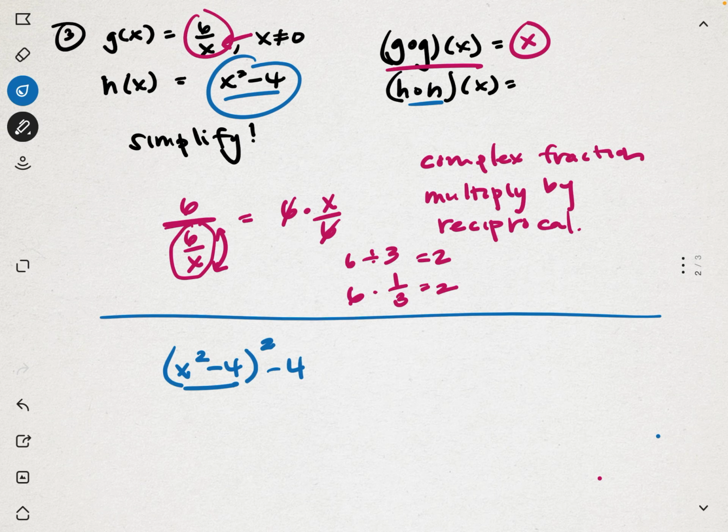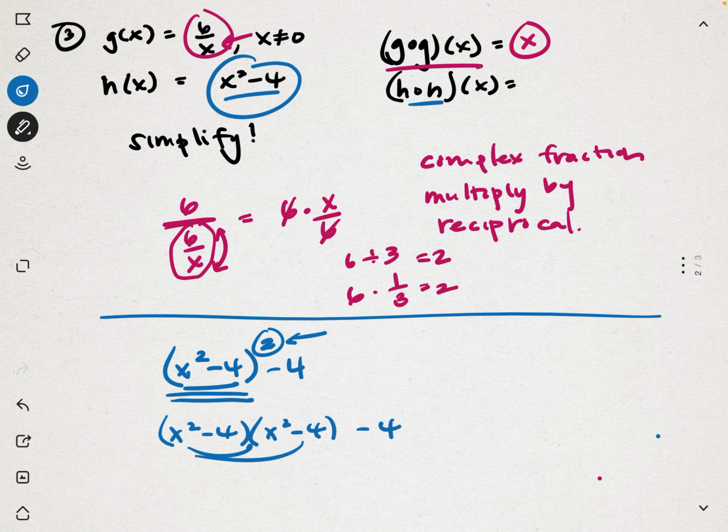All we have to do here is take this whole thing with the square and multiply it by itself. So x squared minus 4 squared means times itself: x squared minus 4 and then x squared minus 4 again. And then we're going to have to FOIL it or distribute.